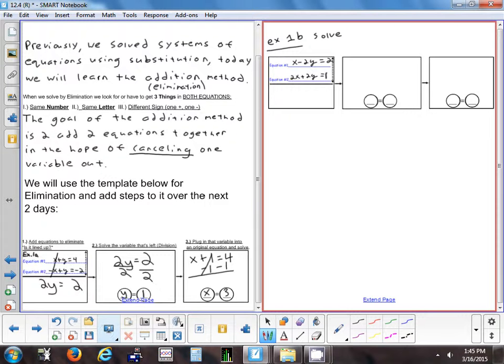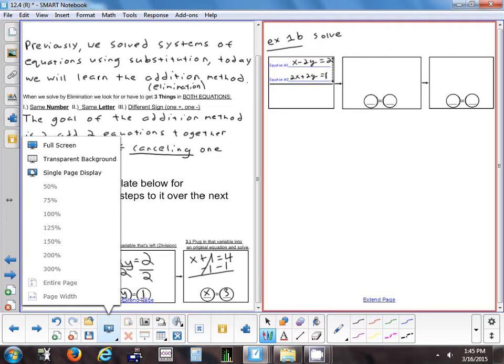What does it say? Someone raise their hand and tell me. What's it say, Isaiah? Just read it. Addition, no distributive.